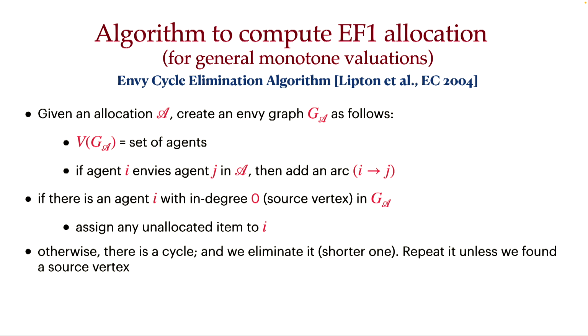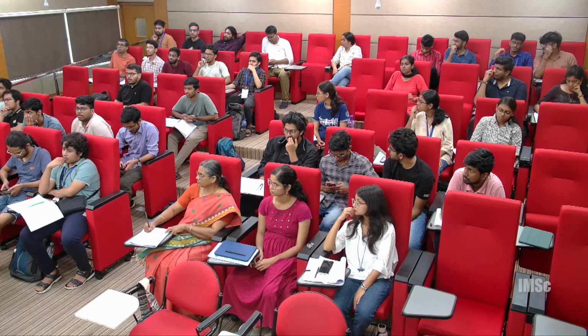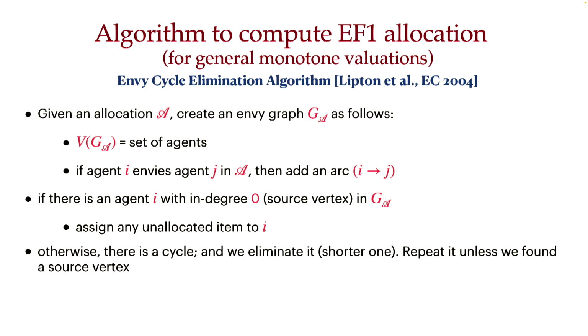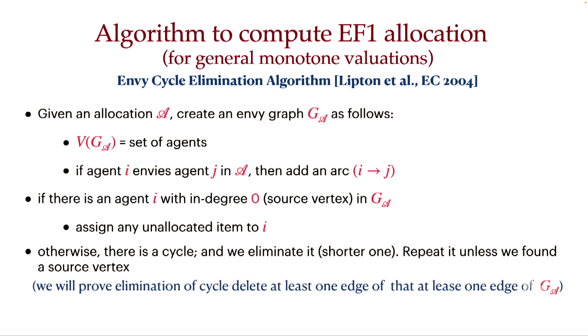I am taking a shortest cycle just because it simplifies the proof. In the original algorithm they do not talk about shortest, you can take any cycle. You eliminate this cycle, and then we just repeat the process.